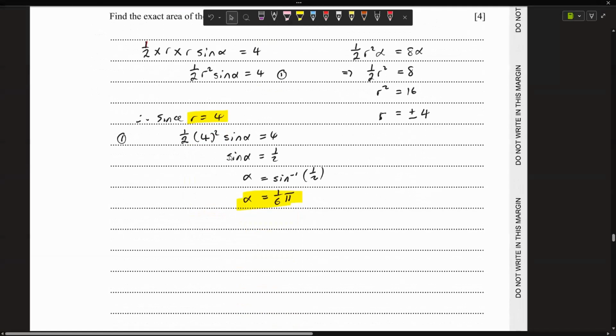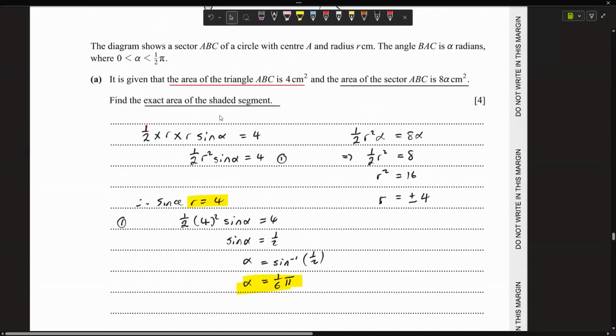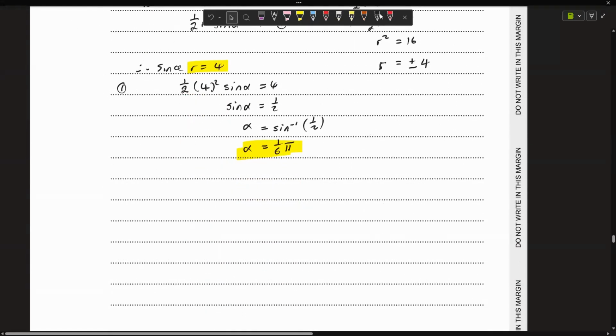So this is what we got. What do they want? They say we should find the exact area of the shaded segment. If you want to use a formula, the area of a segment can be calculated as half r squared of theta minus sine theta. Generally, this is the formula for area of a segment.